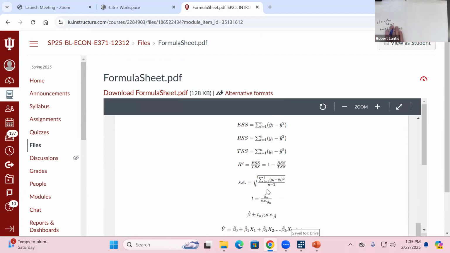So to rewrite my test statistic, I'd have my coefficient divided by my standard error, which was the square root of the sum of the differences between y and my predicted y, squared, over n minus 1, right?